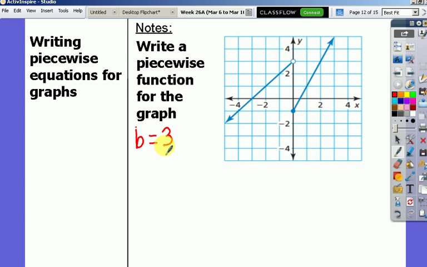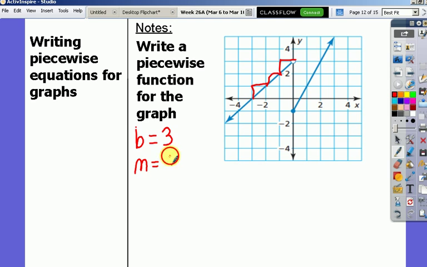What's my slope? Just pick a point. Up 1 over 1. What's my slope? 1. Yeah. My slope is 1.